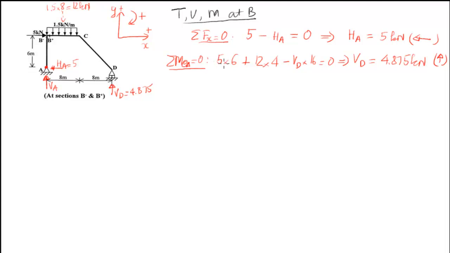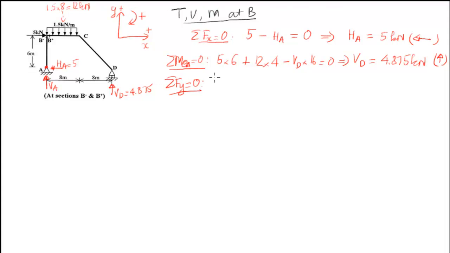Now the last one, which is VA, right? VA is in the vertical direction, so we have to take sigma Fy equal to 0. We have VA, VD, and the resultant force of the UDL here, they are all in the Y direction.